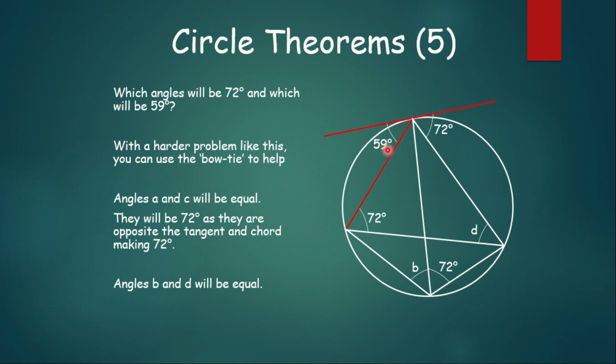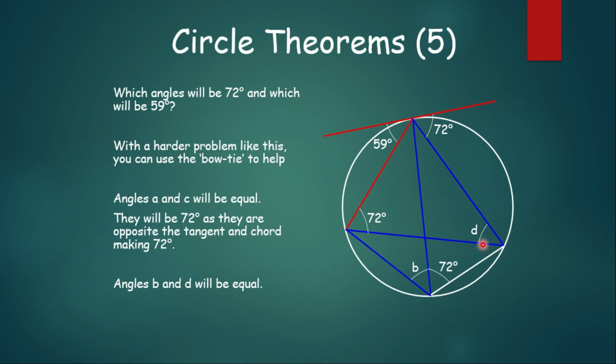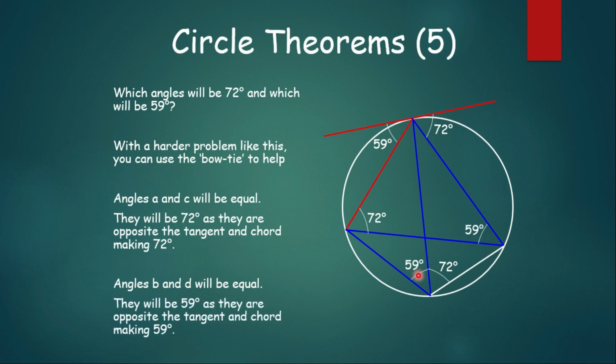Now with this, we get the alternate segment to be D. So if I know D to be 59, then B is also 59. Alright, so they are both 59, and the solution is solved. Take your time and go through it. Pause the video and solve it by yourself and see whether you can master it.